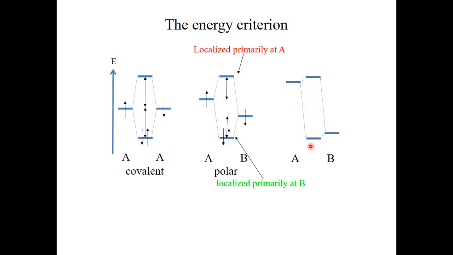But now the bonding molecular orbital will be energetically very close to the atomic orbital of B, and it will also be localized almost exclusively at B. Whereas the antibonding molecular orbital will be energetically very close to A, and it will also be localized almost exclusively at atom A.